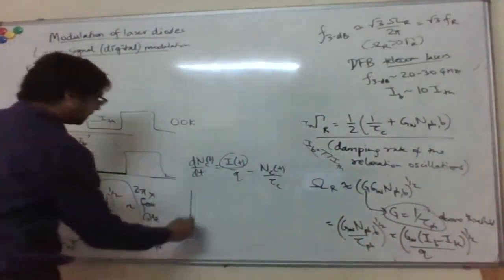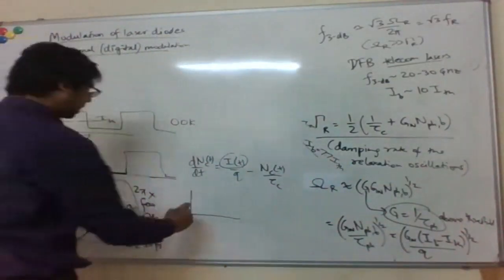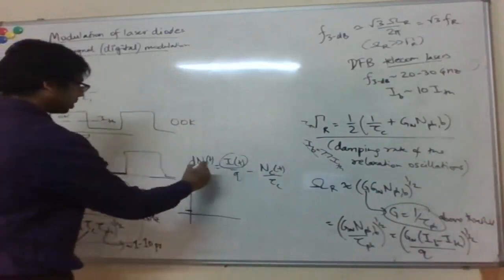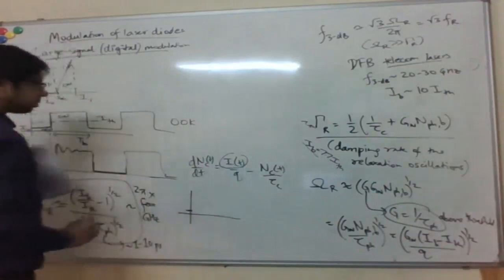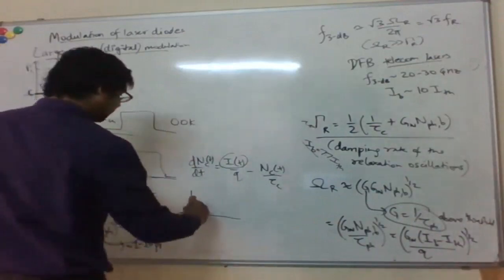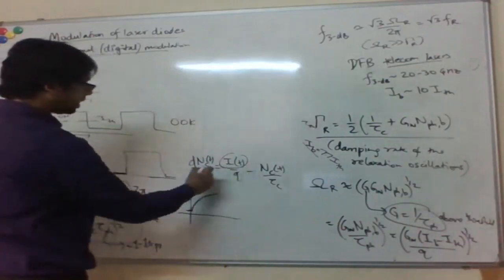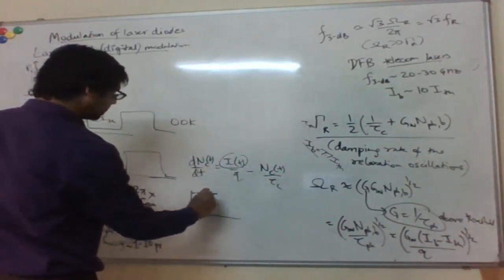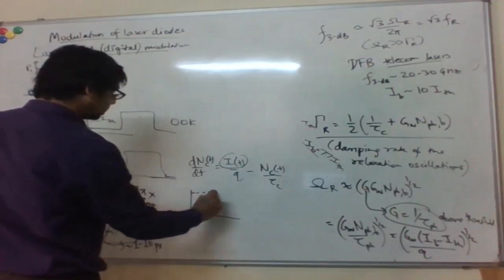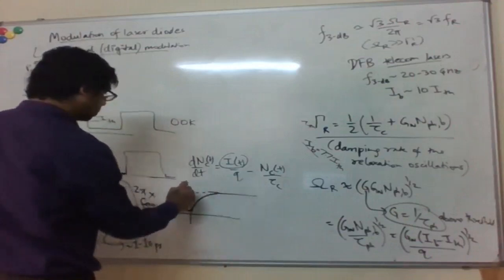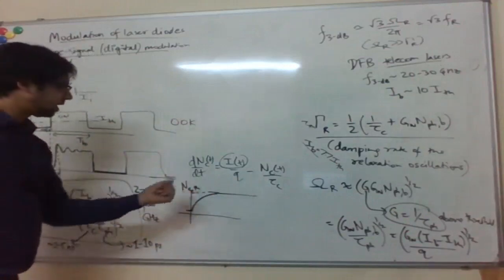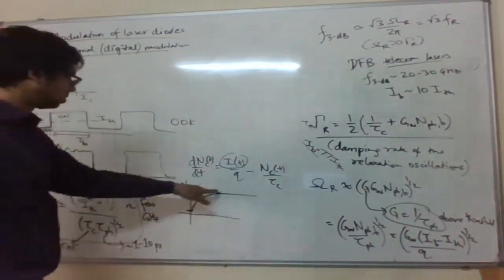right? So now your NC will start from some low value here, which corresponds to the number of carriers for I naught, and then it will start rising. You can see this is a linear differential equation with some time constant tau c, so it will start rising like this, and then eventually reach what is known as the threshold number of carriers, at which point the device turns on.